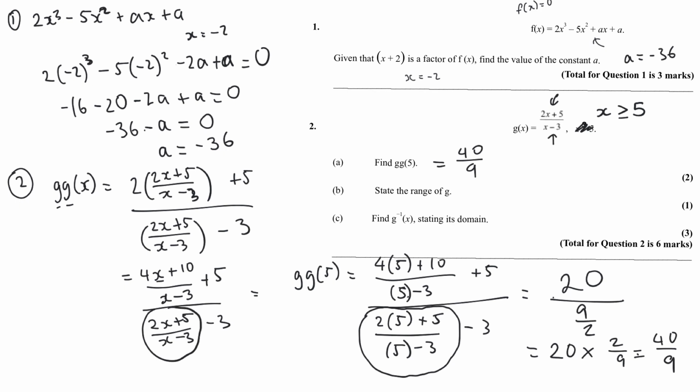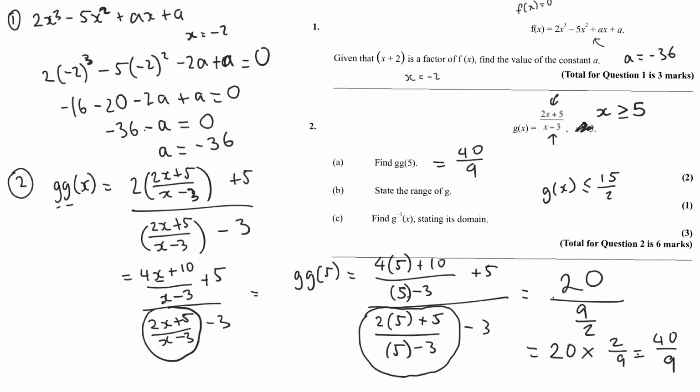And so with this range, one end of it will be where g of x is less than or equal to 15 over 2. The reason I say less than or equal to 15 over 2 is because as the x value increases, the g of x value actually reduces.